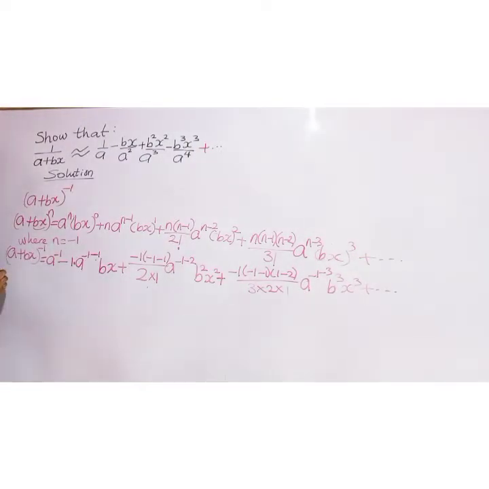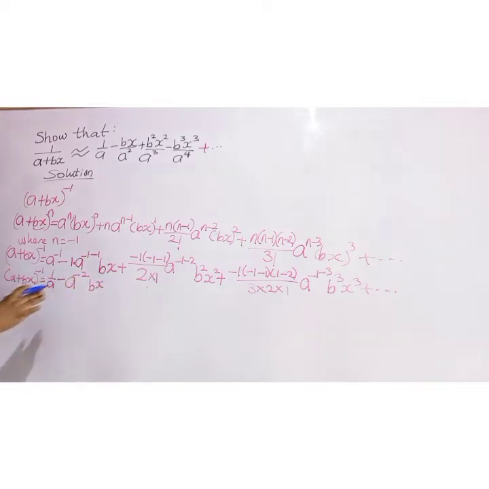So we have a plus bx raised to power minus 1. This one will give us 1 over a, then minus a raised to power minus 2, since minus 1 minus 1 gives minus 2. Then bx.